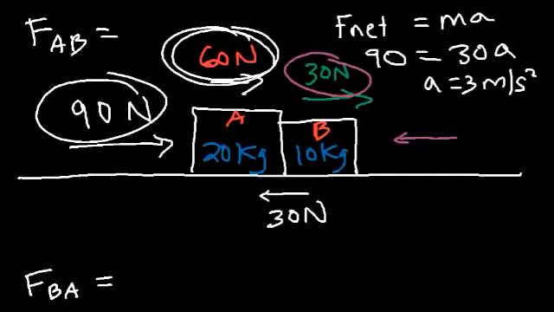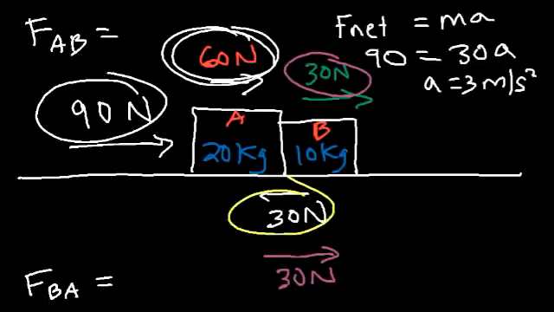We're going to assume that the surface is frictionless. So the only force that propels B to the right is the force that A exerts on B, which is 30 newtons. So notice that the force that B exerts on A is this force. B slows down A, so to speak. So B exerts 30 newtons on A, and A exerts 30 newtons on B.